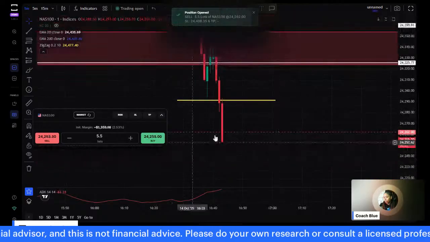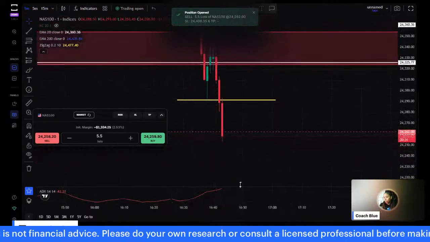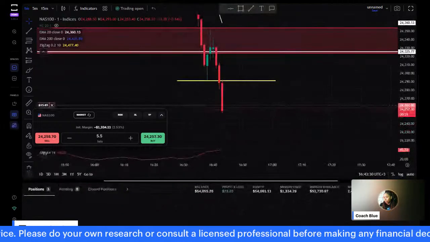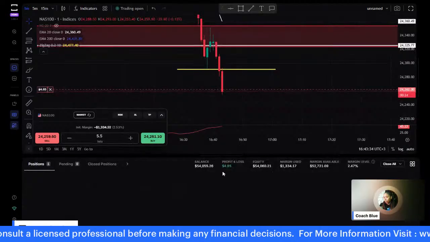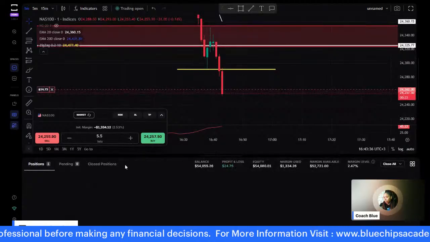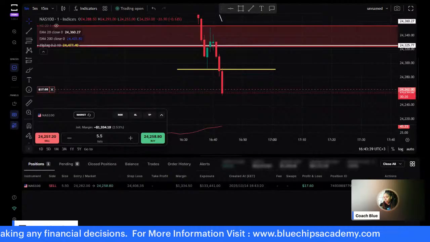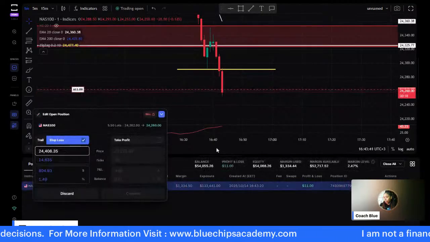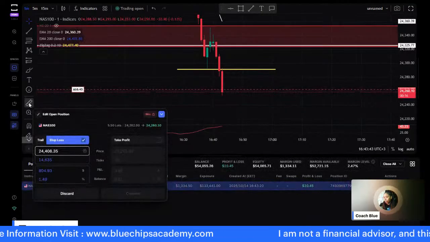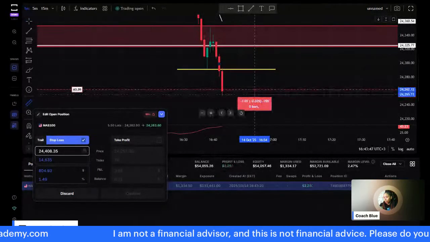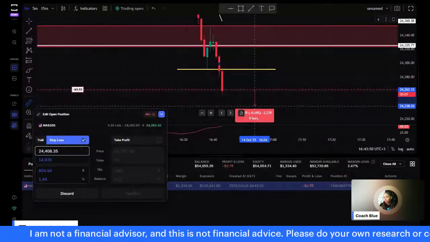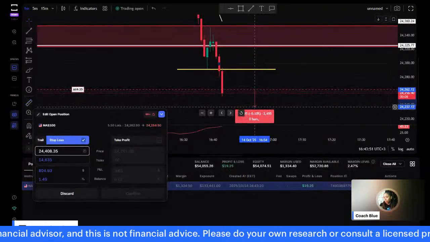All right, so my take profit is going to be 0.1%. So I'm just coming down here to where my active trade is, and then I'm going to measure it down to 0.1% from where I entered. So I'll come down here, 0.1% right there.